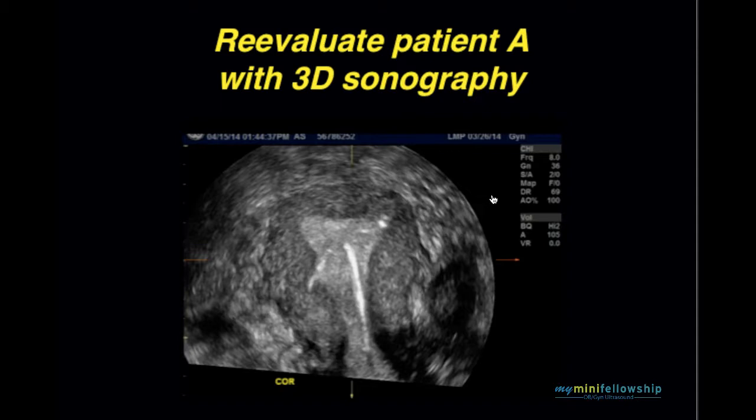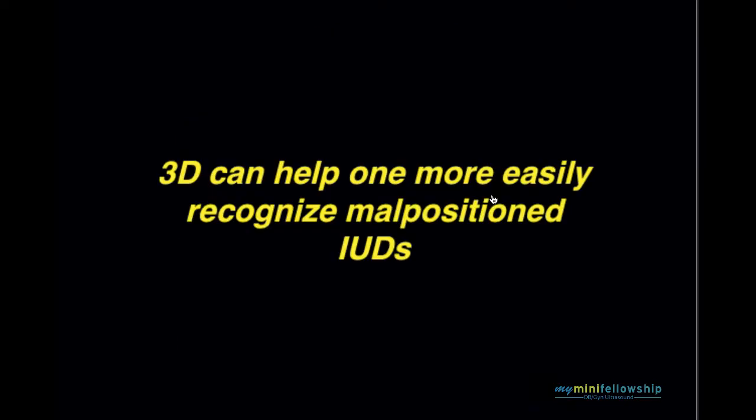Do you call that embedded or penetrating? You can call it either. It's embedded. Now, what I'm saying here, and I think you can see from the images, is that 3D can help one more easily recognize a malpositioned IUD.